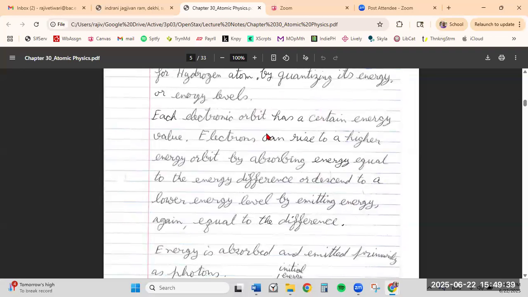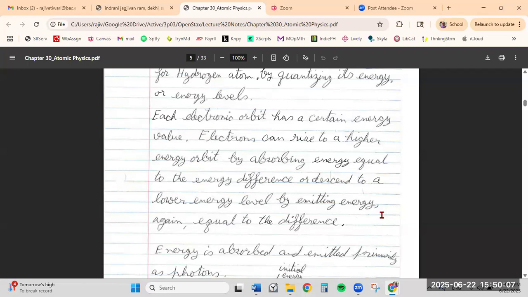So each electronic orbit in an atom, including the hydrogen atom, has a certain energy value. Electrons can rise to a higher energy orbit by absorbing energy equal to the energy difference, or descend to a lower energy level by emitting energy, again, equal to the difference.